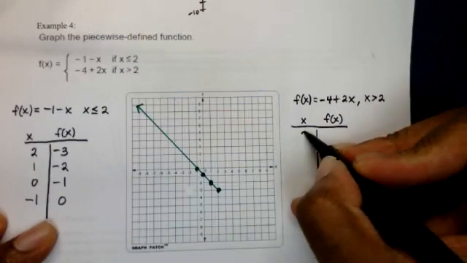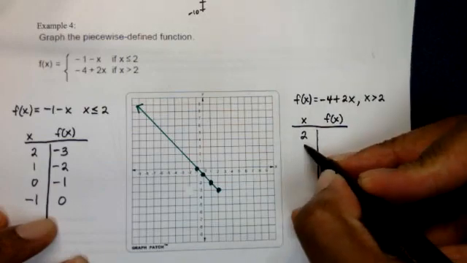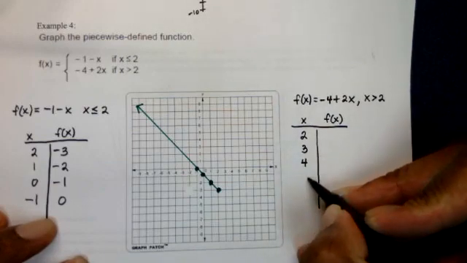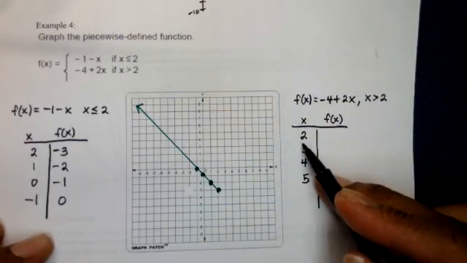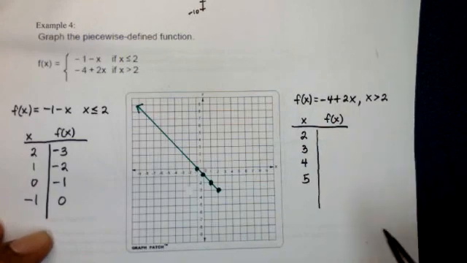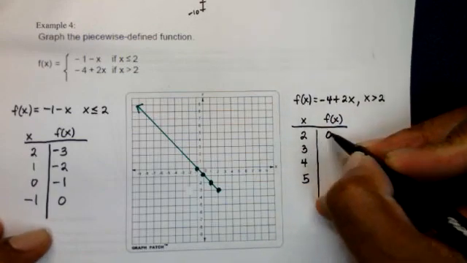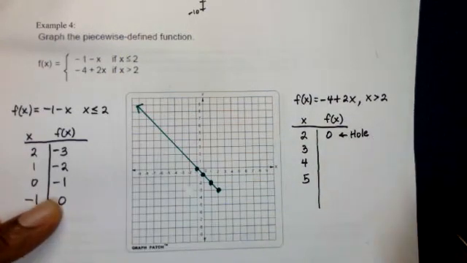So that means we're going to start with 2, but at 2, we need to create what they call a hole in the graph, because we want to know where that hole will occur. And then values greater than 2 will be 3, 4, and 5. So for x equals 2, 2 times 2 is 4, and 4 plus negative 4 is 0. So at the point 2, 0, you're going to have the hole in the graph.